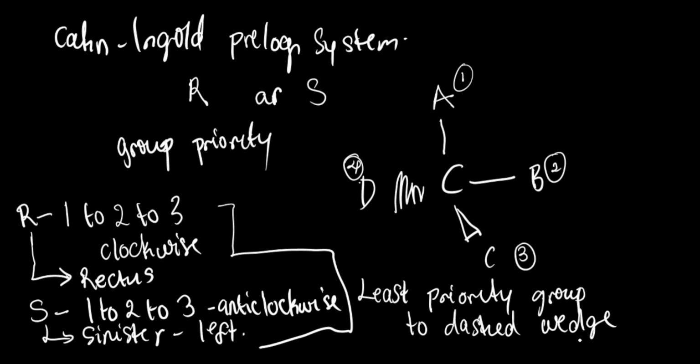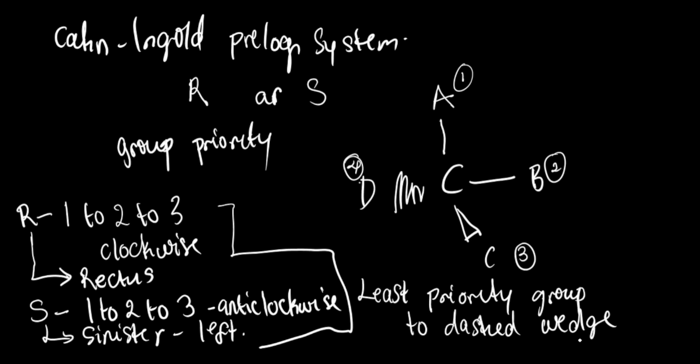If we are able to move from 1 to 2 to 3 in a clockwise direction, then it's an R configuration as long as the least priority group, which is the fourth priority group, is attached to a dashed wedge. And it's an S configuration if we're able to move from 1 to 2 to 3 in an anti-clockwise direction, so long as the least priority group is attached to a dashed wedge.